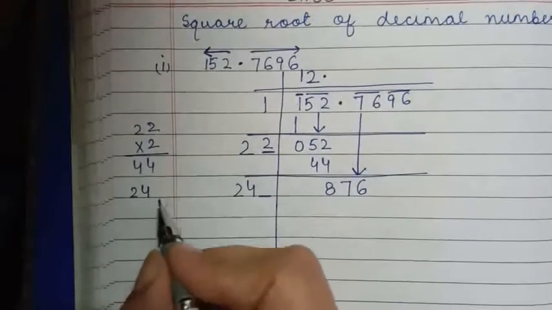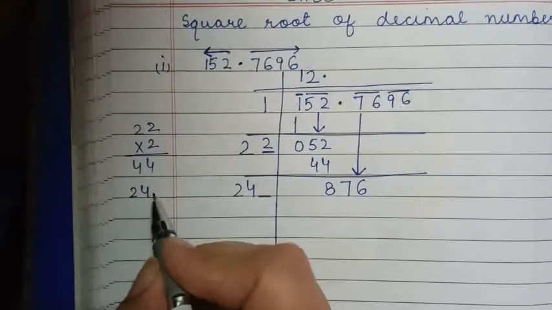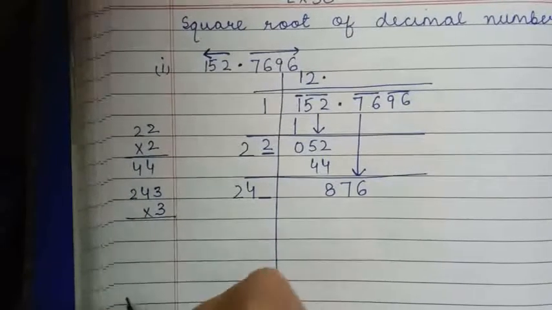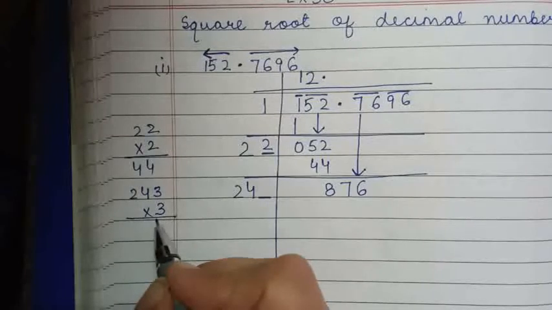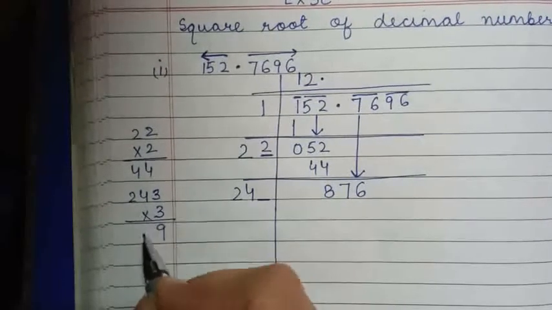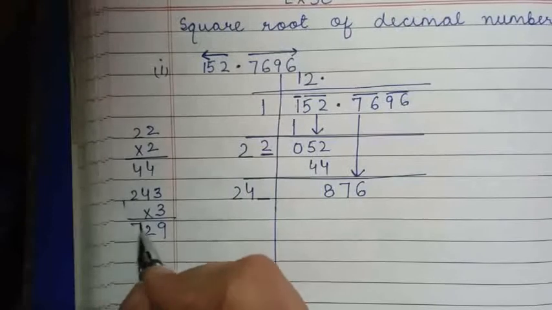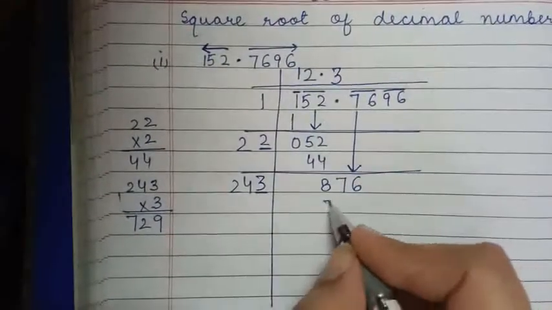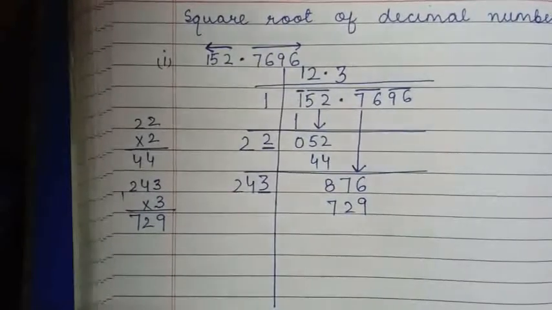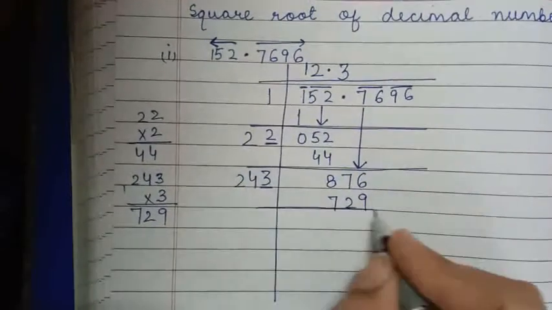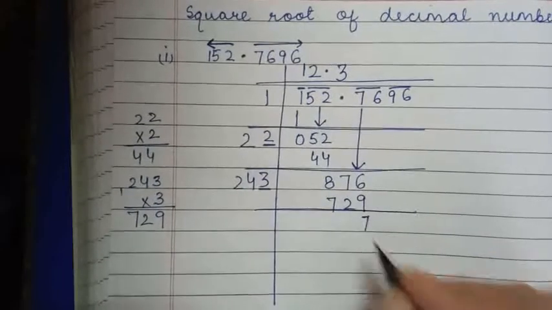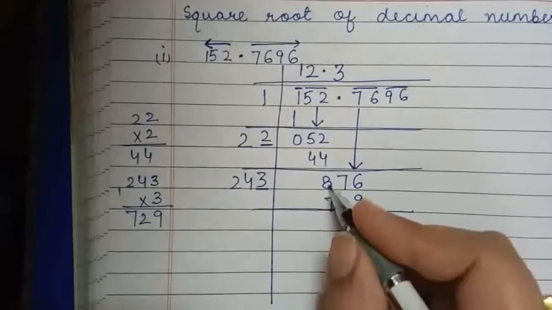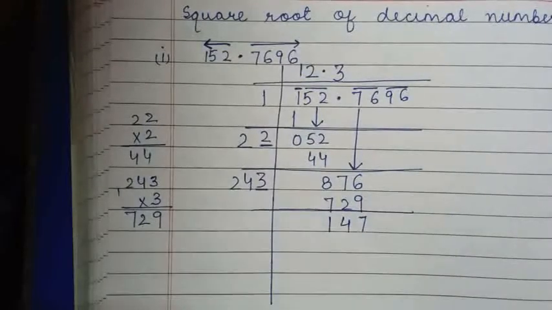Let's try 3, multiplied by 3. 3 3s are 9, 3 4s are 12, 3 2s are 6, plus 1 is 7, so 729. So 3 will be here, 3 here and 729 here. Subtract: 16 minus 9 is 7, 6 minus 2 is 4, and 8 minus 7 is 1.